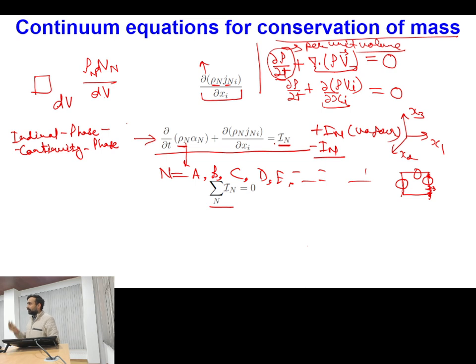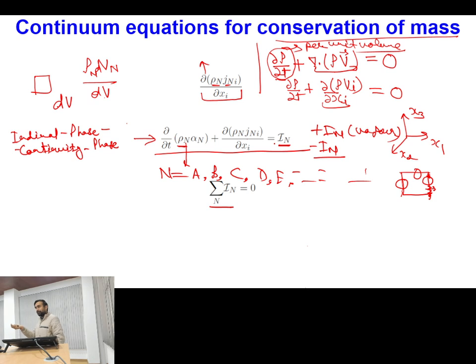Is this point clear? You can take a simple example. Say you have a closed chamber, this is your control volume, and in that closed chamber some part is filled with liquid and some part is vapor. If a new vapor bubble appears, that is nothing but a gain of mass in the vapor phase.